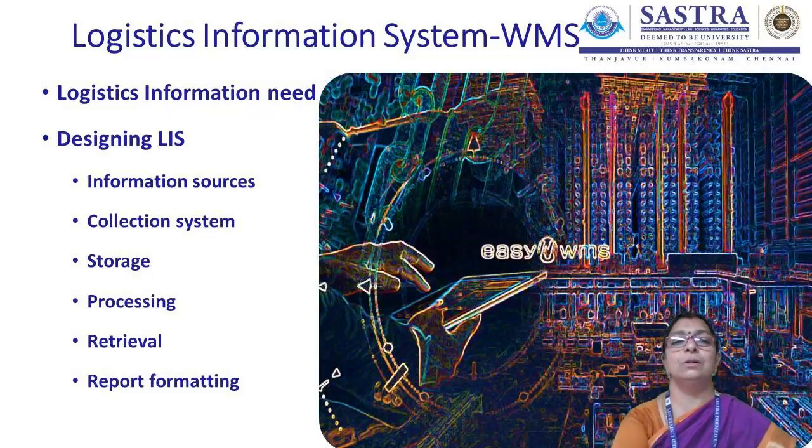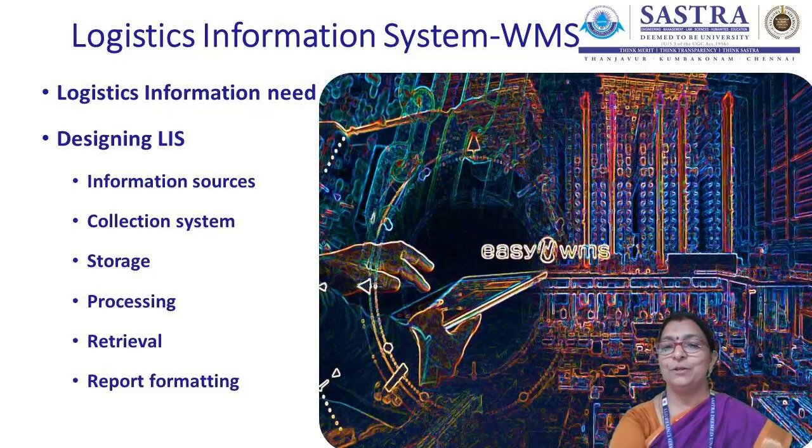Generally, we use a management information system, which is designed mainly for general management decisions. And the logistics information system, LIS, caters to the specific information requirements or decision making in the context of logistics management.